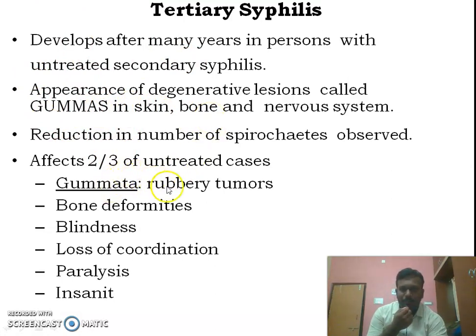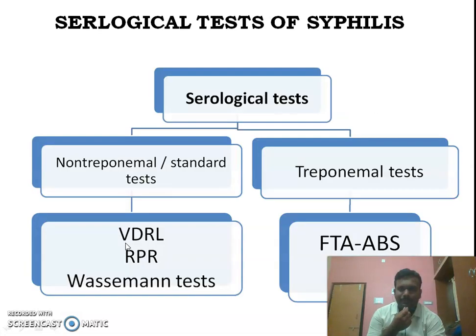The most common complications are gummata, rubbery tumor-like gummatous lesions in various organ systems, along with bone deformities, blindness, loss of coordination, and paralysis.